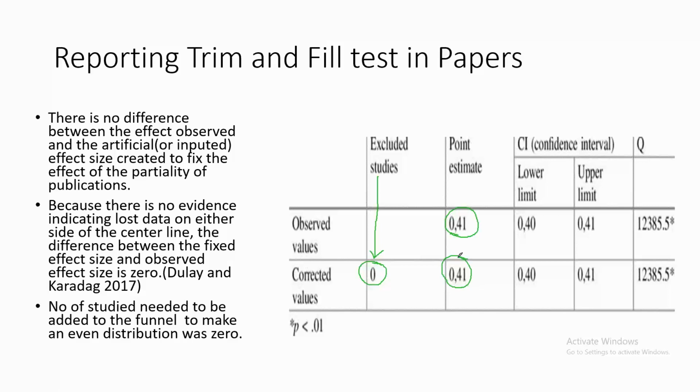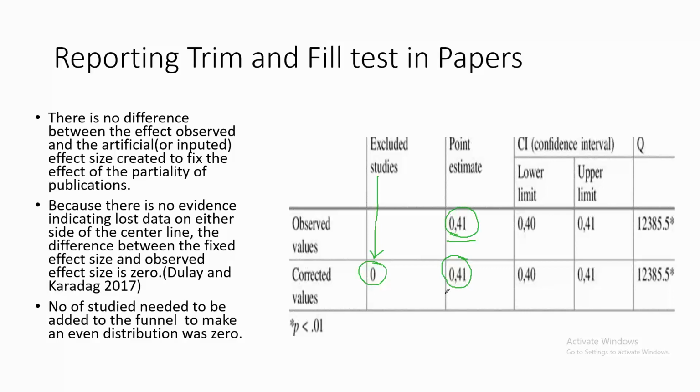For attitude and intention, the point estimate observed value is originally, when the software had not fiddled with data, had not filled in the funnel plot, the original data gave a point estimate effect size of 0.41.